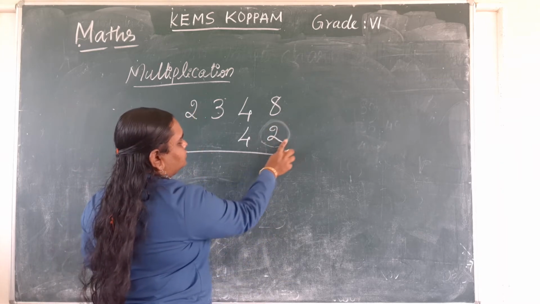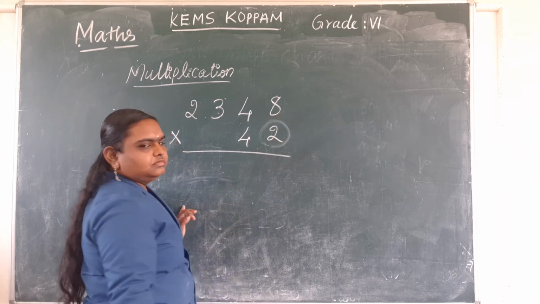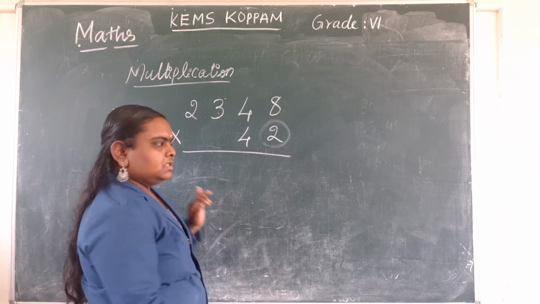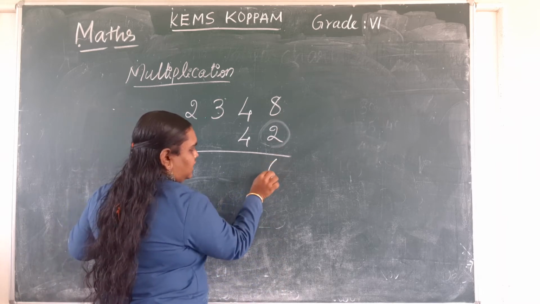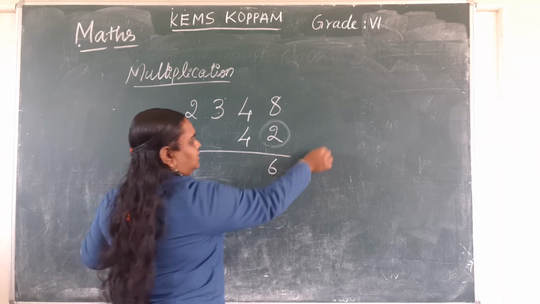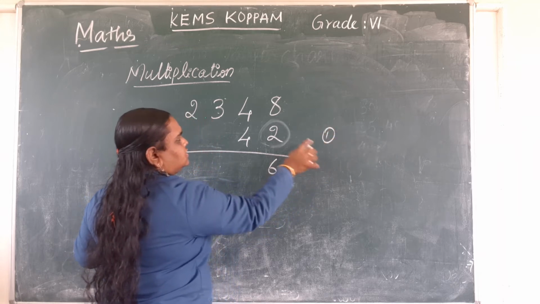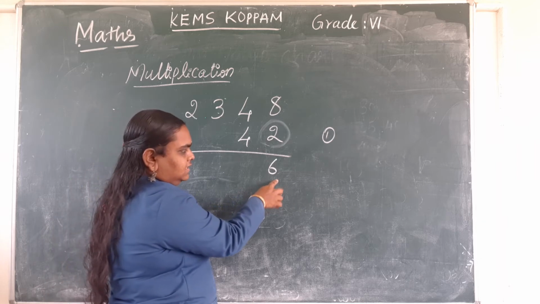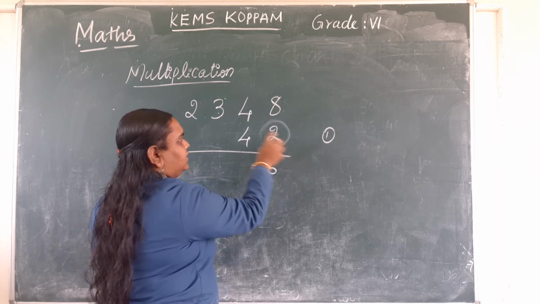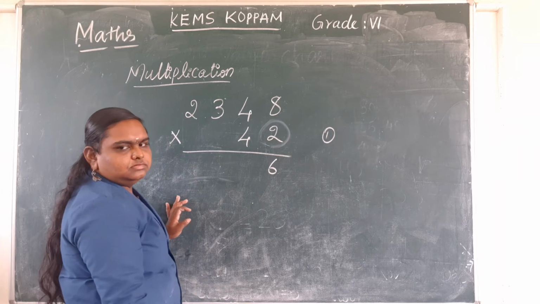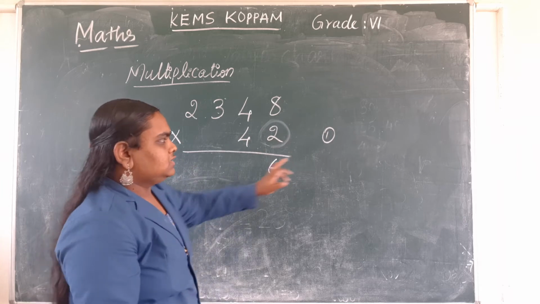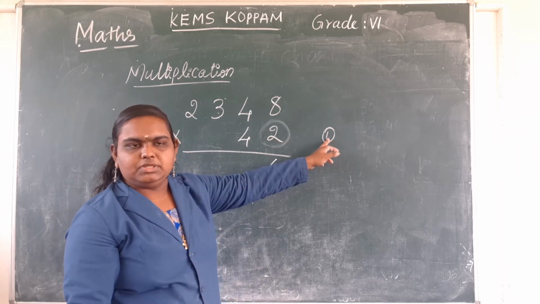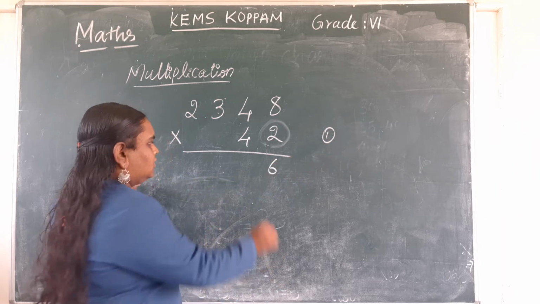Now 8 twos are 16. So we are writing 6, then remaining 1. So 8 into 2 is equal to 16. Writing 6, 1 remaining. 4 twos are 8. So 8 plus the remaining 1. 8 plus 1 is equal to 9.